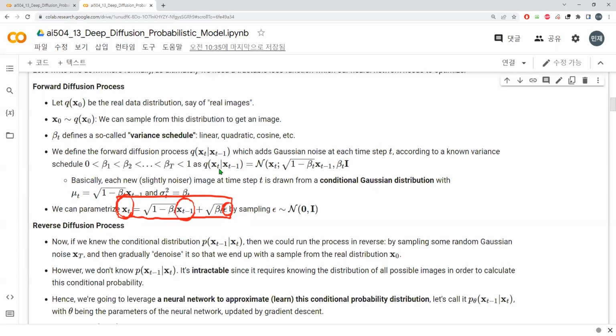This is just a coefficient for weighting these two.